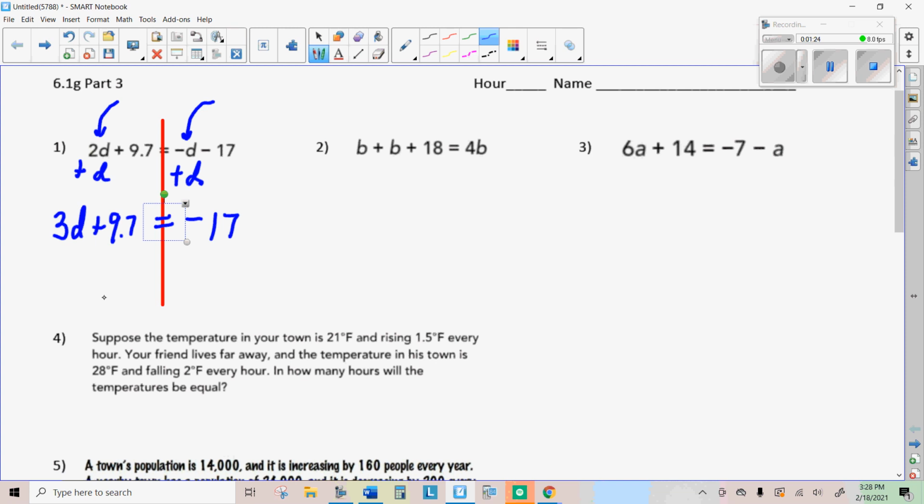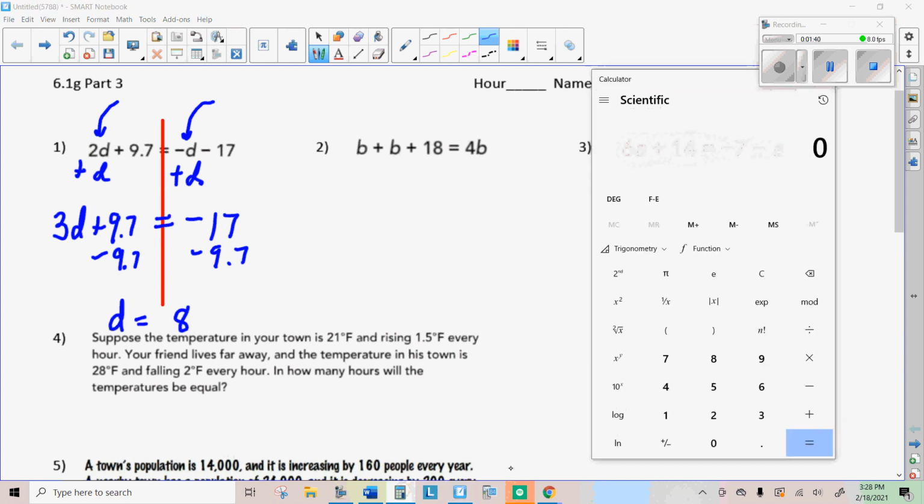Okay. Now I'm going to continue to balance this. I'm going to take away the 9.7 because remember I'm trying to figure out what d is equal to in the end. So I need 1d. So I'm going to take away 9.7 from negative 17. And that equals... No, that looks right.